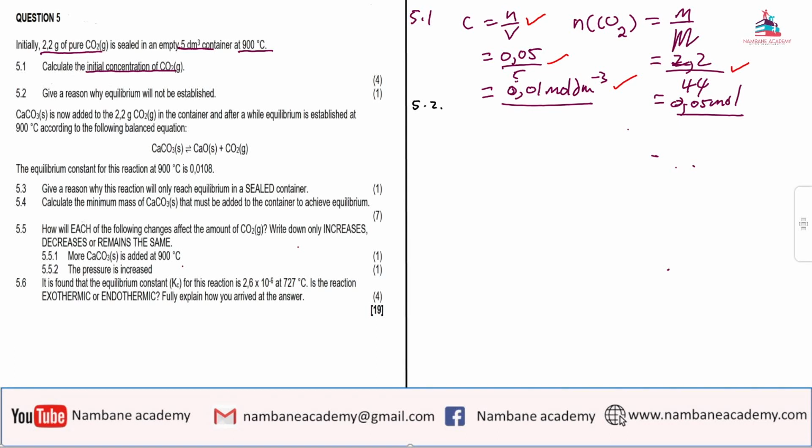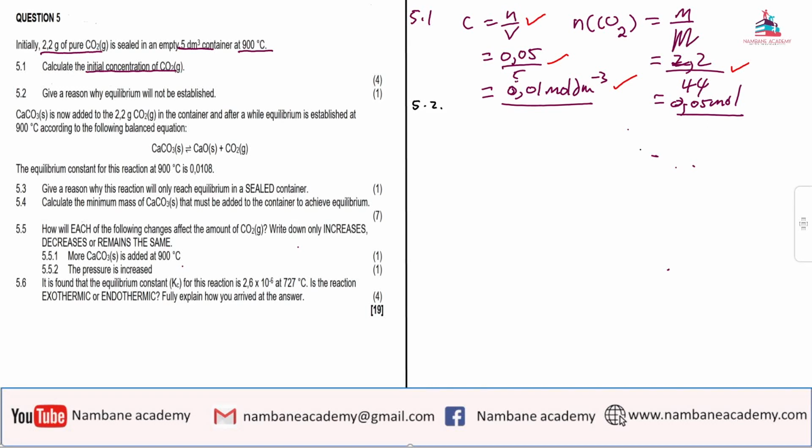We said it must be in a closed system. For an equilibrium to take place, a forward and a reverse reaction is needed. Hence, we said it must be in a closed system and the reaction must be reversible. So we are not told anything there about reversible. We are not given anything in terms of the arrows. We are just told it's just pure carbon dioxide.